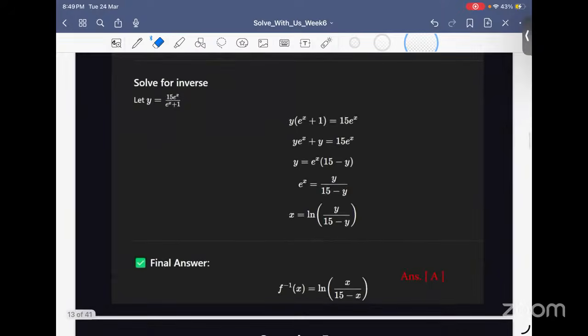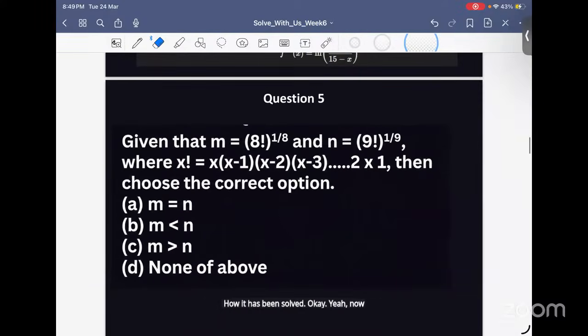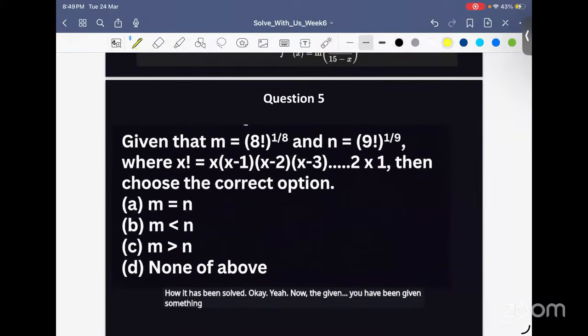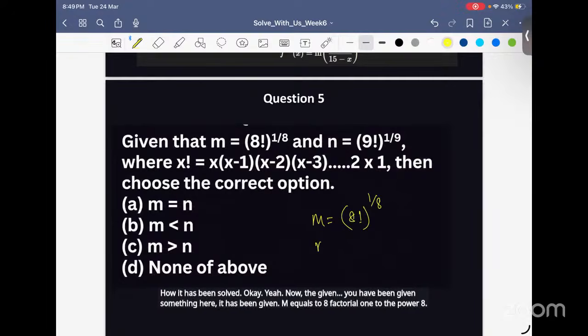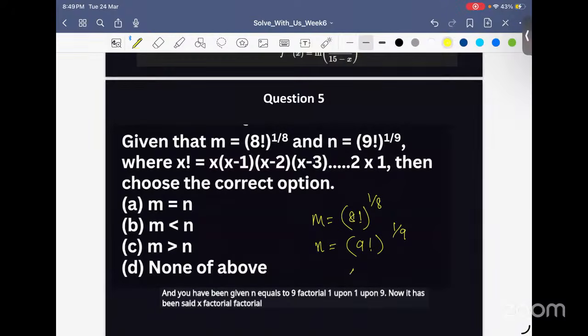How has it been solved? Now you have been given m equals 8 factorial to the power 1 upon 8, and n equals 9 factorial to the power 1 upon 9. Factorial you already know, right? If you have to calculate 4 factorial, this is nothing but 4 into 3 into 2 into 1.